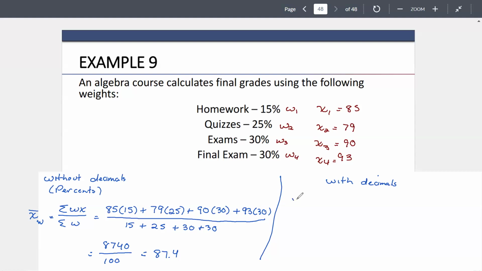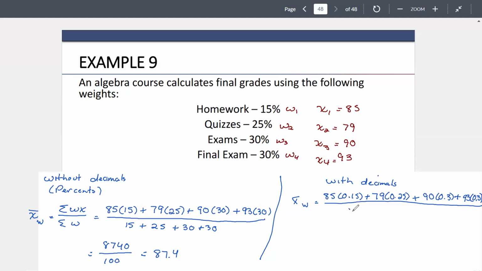If we did decimals, then I would have done 85 times 0.15, and then I would have done 79 times 0.25. So it's just the percent that I'm changing. 90 times 0.3. I'm showing you what's going on because sometimes we're told different things about this. 93 times 0.3.